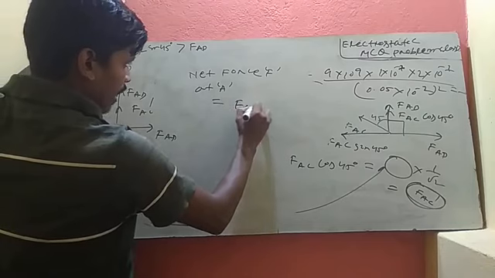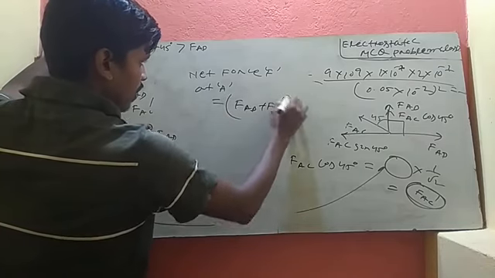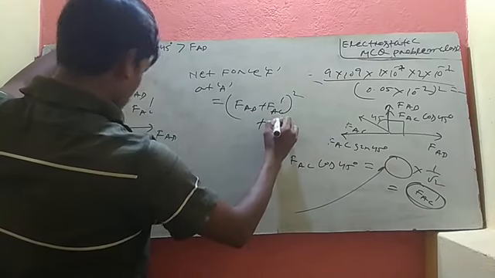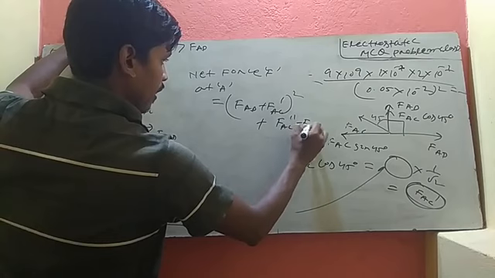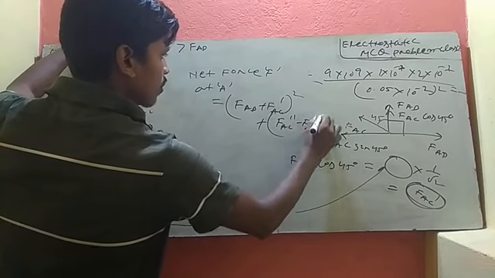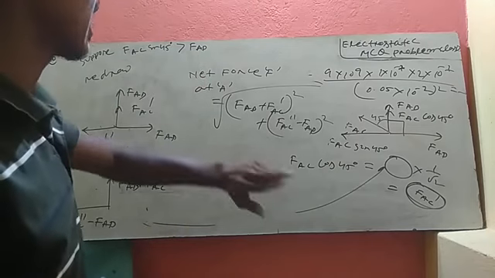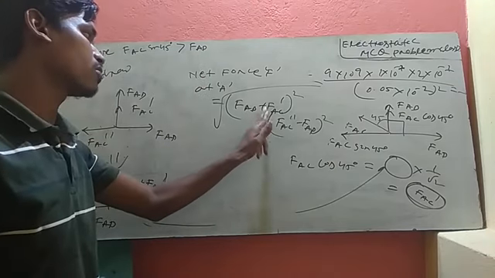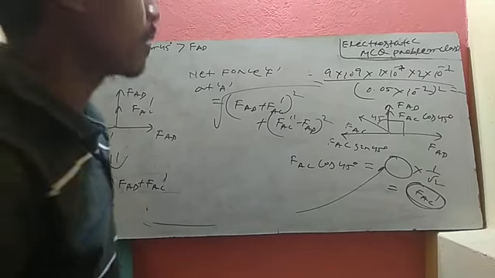Square root of FAB plus FAC dash square plus FAC double dash minus FAD square. So the net force acting on A is the square root of (FAB plus FAC dash) square plus (FAC double dash minus FAD) square.